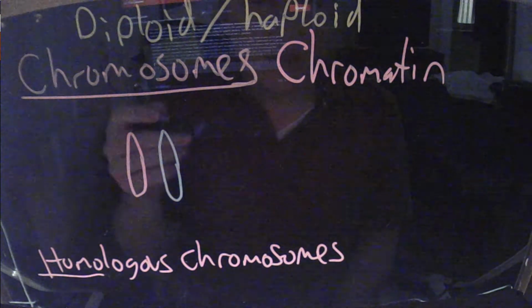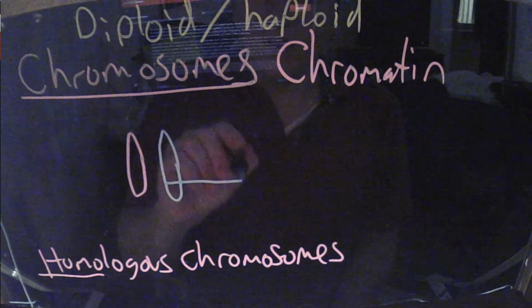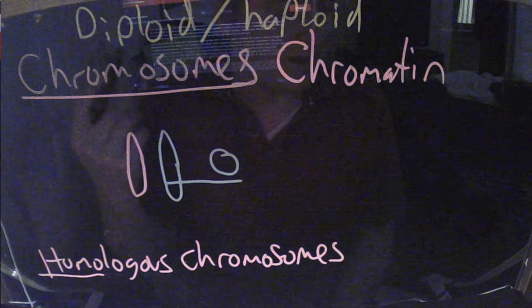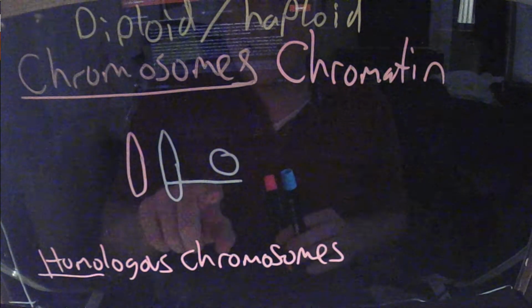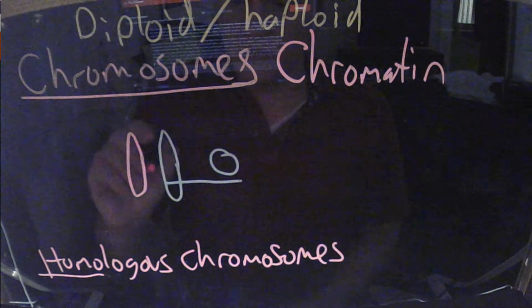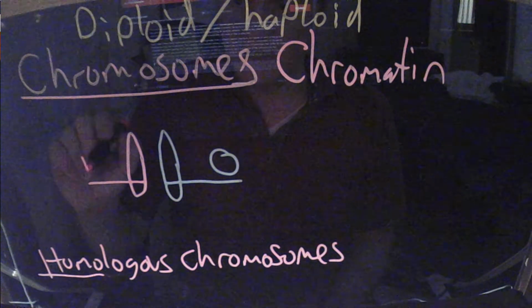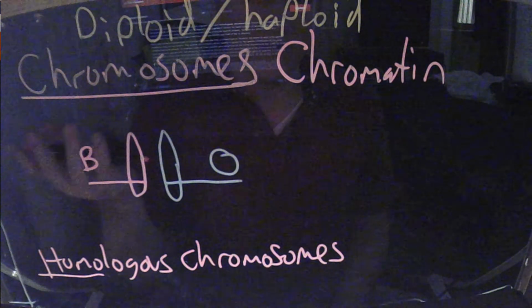My dad is type O positive blood, and so he gave me this gene to be type O blood. Hopefully you guys have heard of the ABO blood typing. If you haven't, that's okay. We're going to circle back. My dad gave me this gene to be type O, and my mom gave me this gene to be type B. This is the particular gene that I happen to have gotten from my mom.